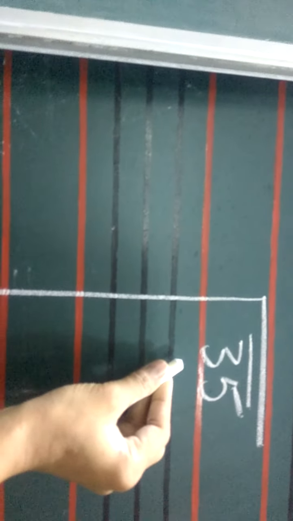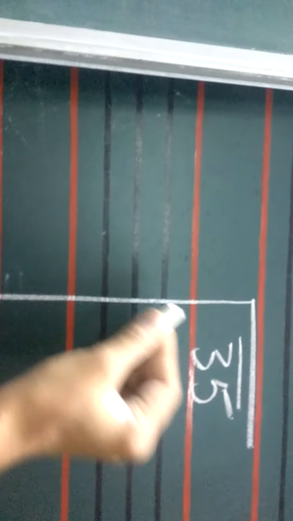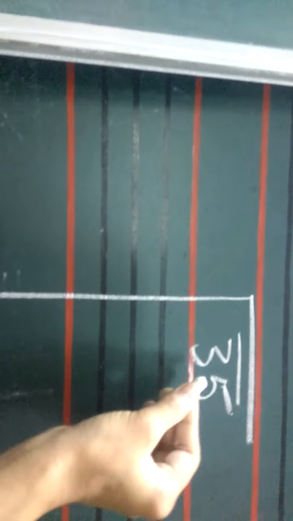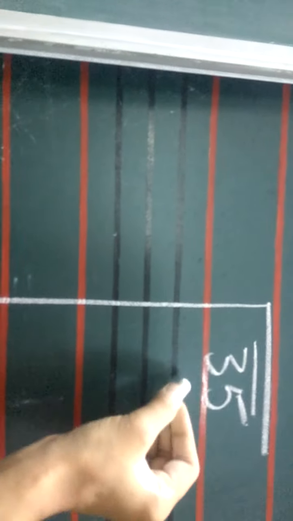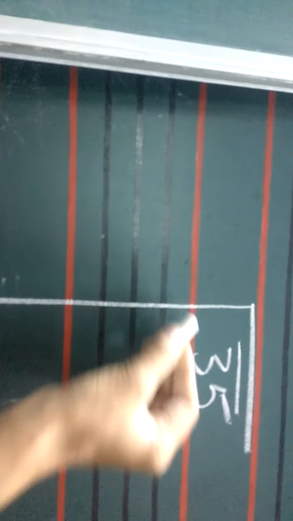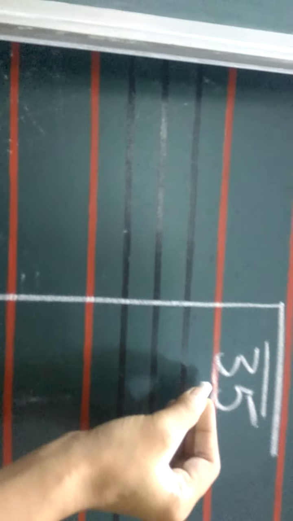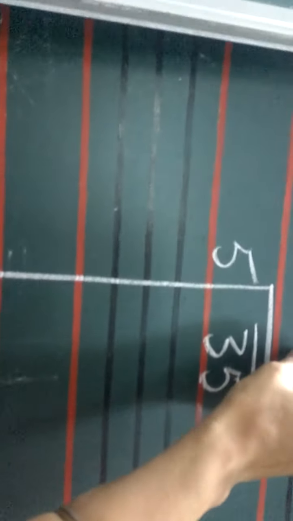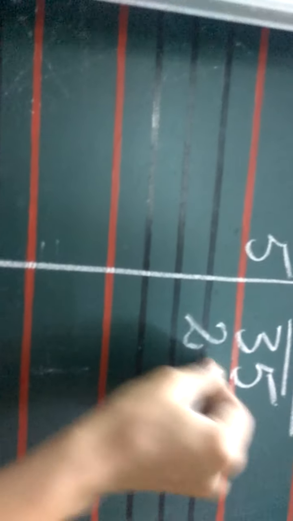First of all, make the pair and we have to use the square numbers. 1 square 1, 2 square 4, 3 square 9, 4 square 16, 5 square 25, 6 square 36. 36 will be bigger. So we are using 5 fives are 25.